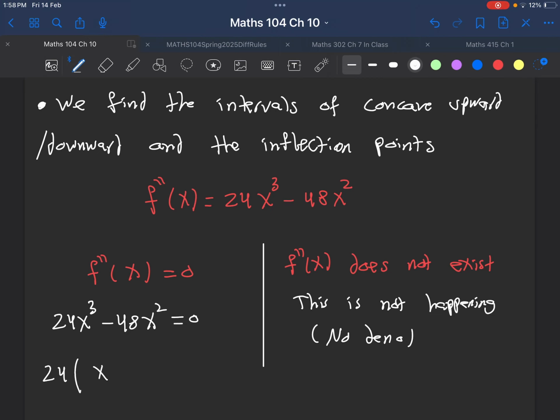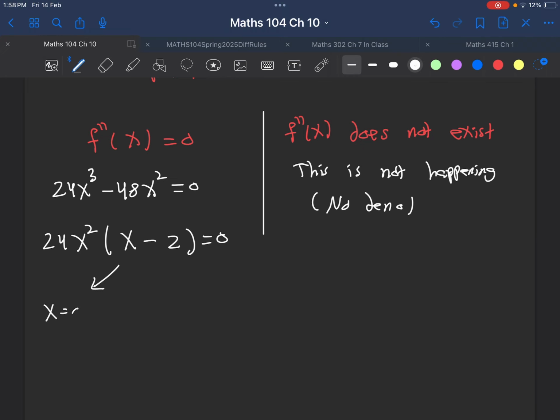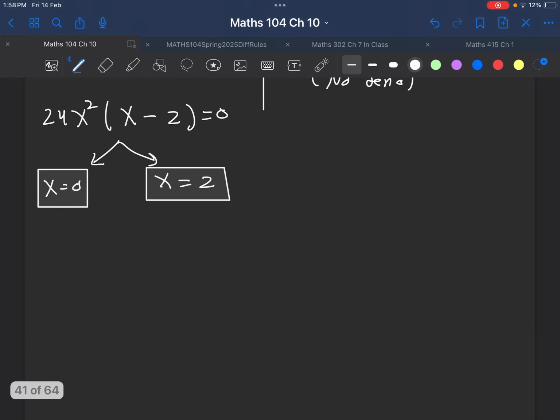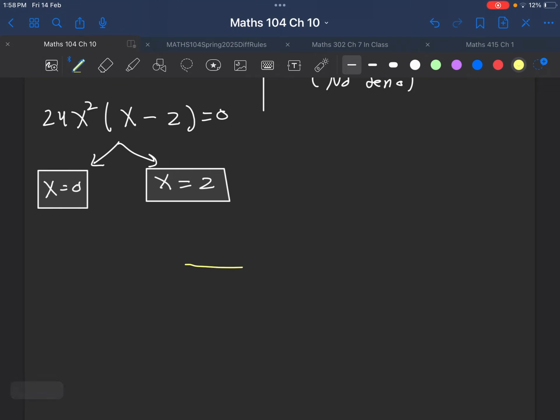Now if we take 24x^2 as common factor, we get x minus 2 equal to 0, which means either x equal to 0 or x equal to 2. And these are the candidates for the inflection point, concave upward and downward.